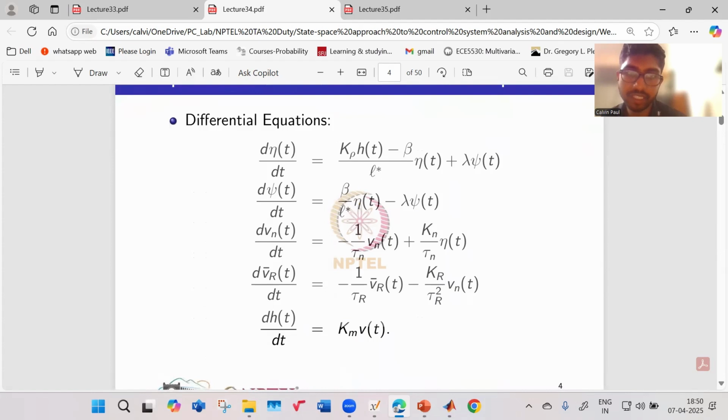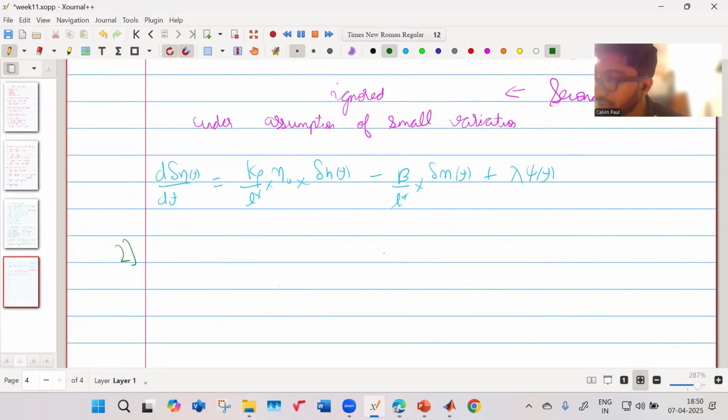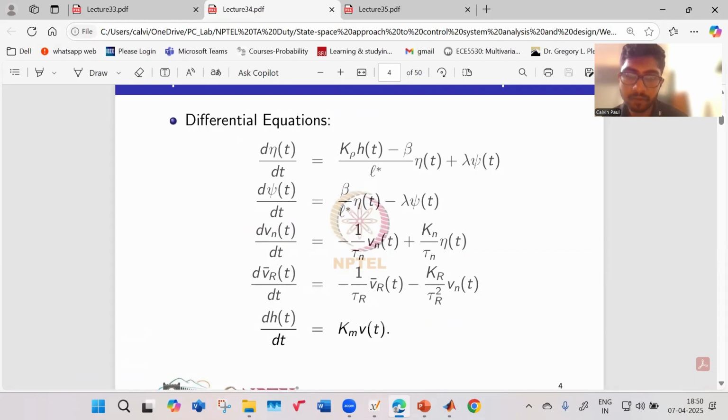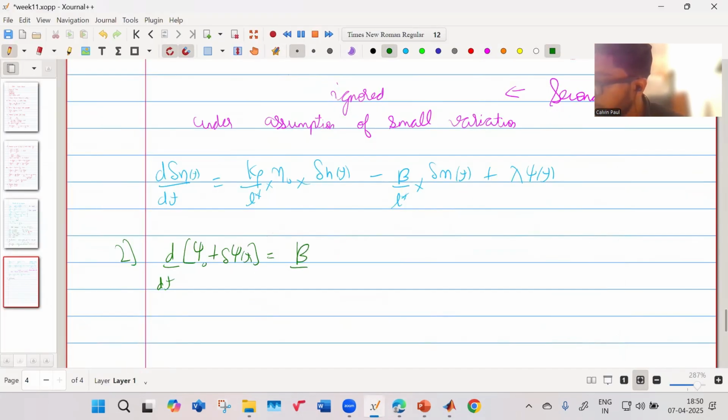I'll just show it for one case, then we will consider the next. d/dt of (phi naught, that is the average value, plus delta phi of t) is equal to beta upon L star into (eta naught plus delta eta of t) minus lambda into (phi naught plus delta phi of t).